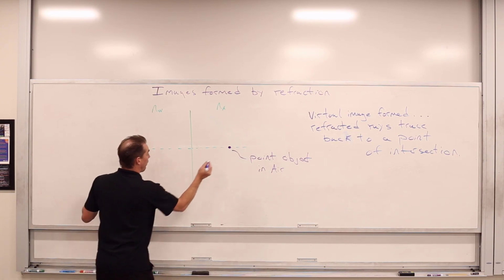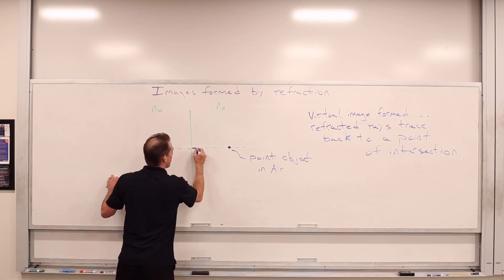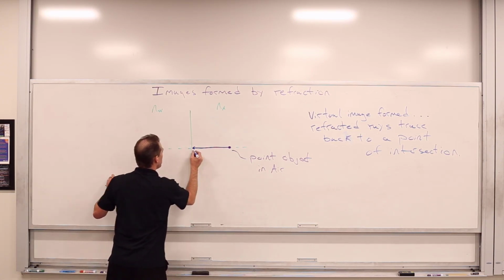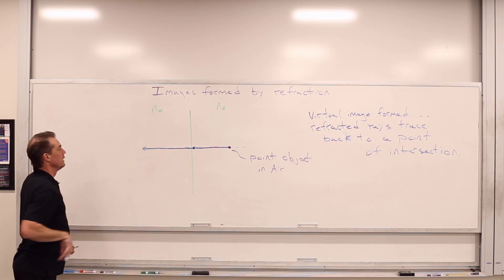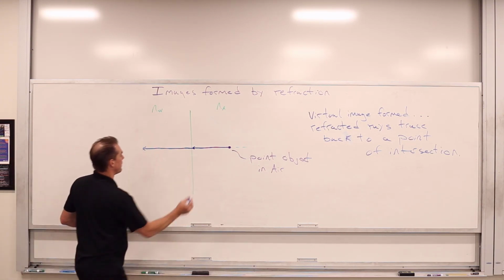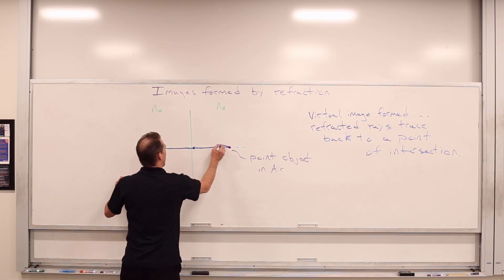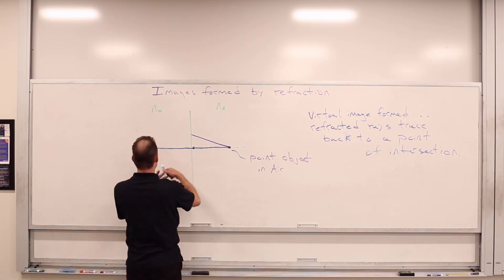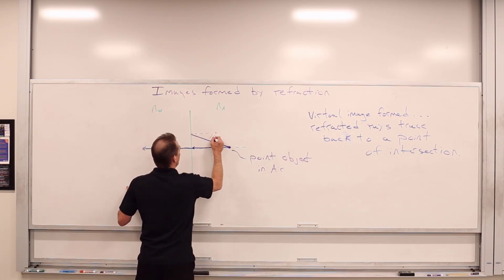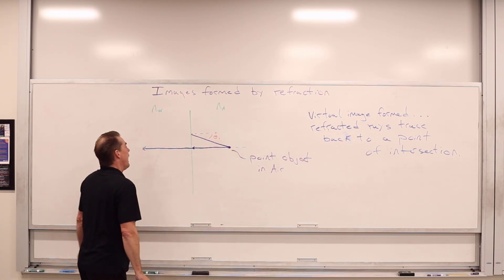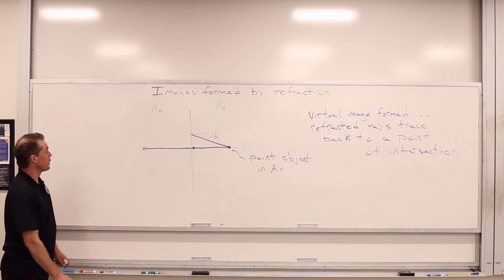Again, we can look at light rays that come off of it. One goes along the principal axis and then keeps on going. No change in direction due to normal incidence. And then we've got some other light rays. We've got one that would come up like this, strike at some angle relative to the normal, which we can call theta 1. And then it undergoes some refraction.